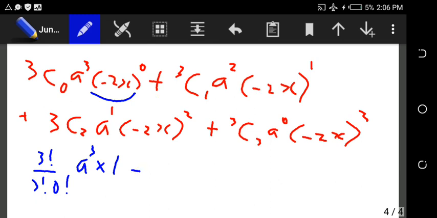All right, now 3 combination 1, that is 3 factorial over 3 minus 1 factorial, that is 2 factorial, times our r factorial, which is 1, because 1 times 1 is 1. Then we have a raised to the power 2, and of course your 2x raised to the power 1 will still give you 2x.